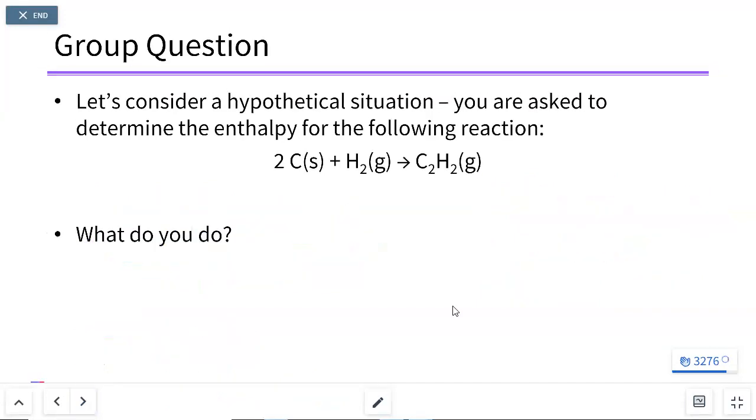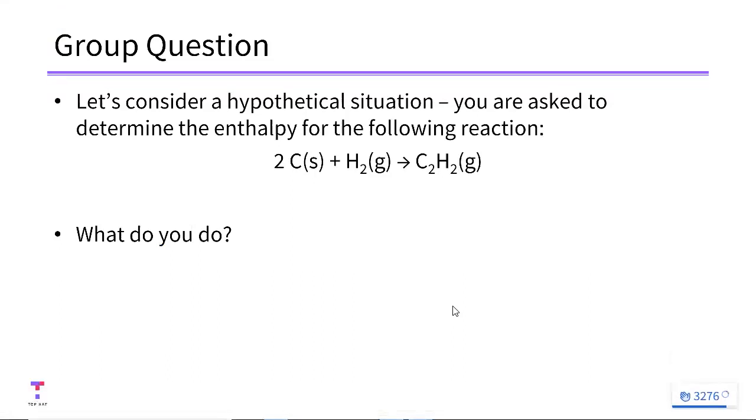All right, so a quick hypothetical here that'll kind of get us into Hess's law. If I was going to try to do this kind of chemical reaction, the reaction of solid carbon and gaseous hydrogen to make acetylene, how would I go about doing it?